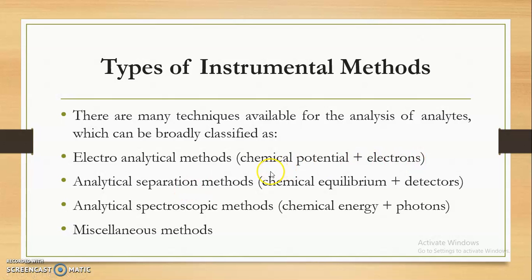These are based upon the chemical equilibrium, meaning the concentration of one substance in one phase. This is known as the equilibrium. And detectors are employed in these analytical separation methods to detect the chemical nature of that particular compound. So this is about the analytical separation method.